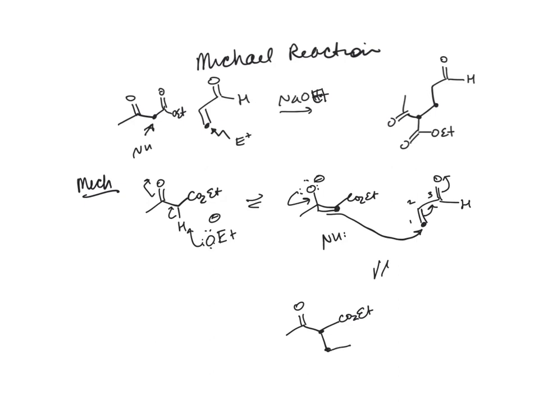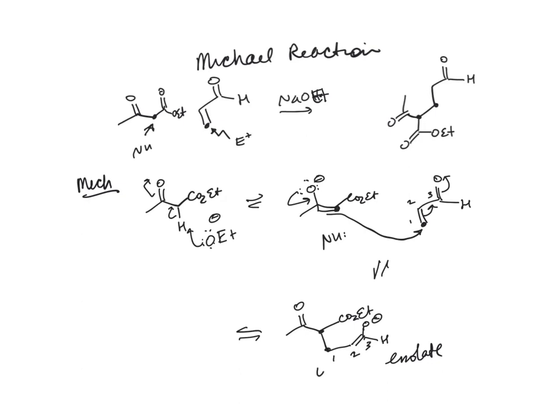And then we have the CH2. And then we have O minus and H. 1, 2, 3. So we're going to get an enolate intermediate. If we did the Michael addition correctly, we'll have an enolate intermediate. And then that's going to be protonated in our last step.